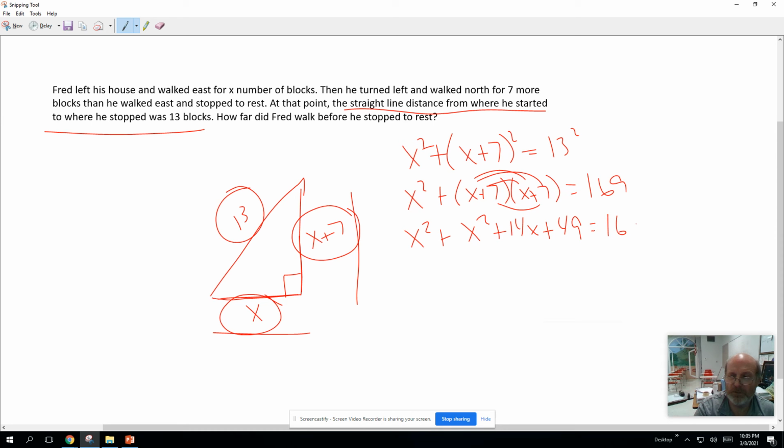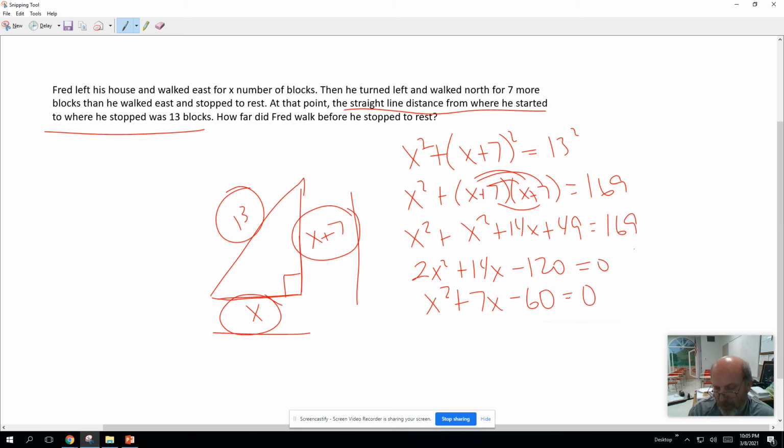And that equals 169. We combine like terms and move the 169 over, subtracting 169 from both sides, and we get 2x squared plus 14x minus 120 equals 0. Now, because 2 is a factor in every one of those terms, I'm going to divide everything by 2 and get x squared plus 7x minus 60 equals 0.